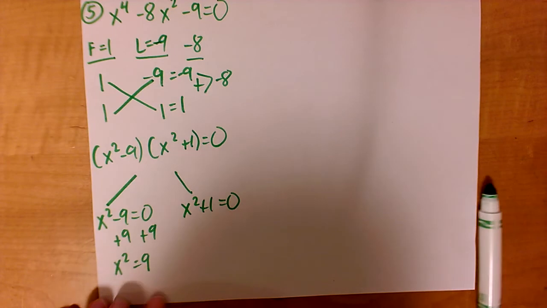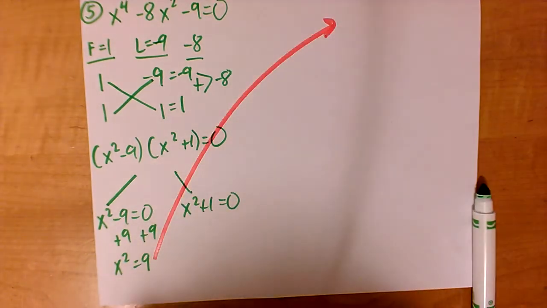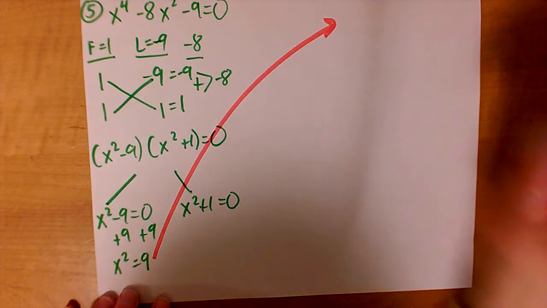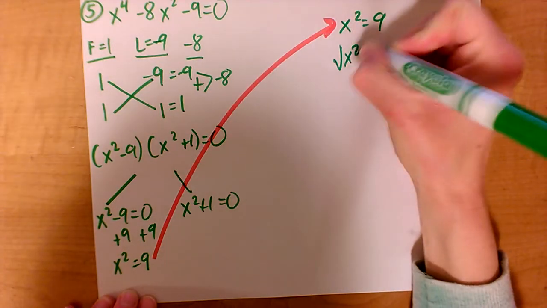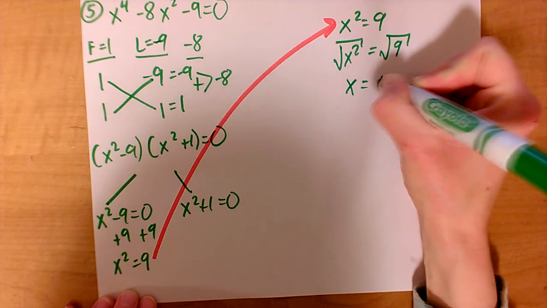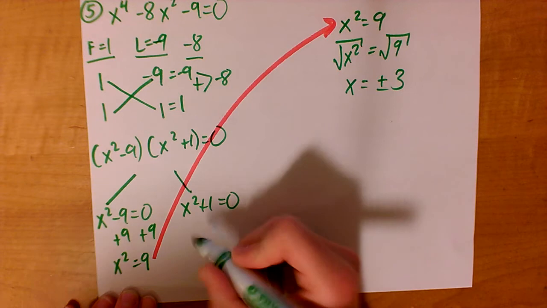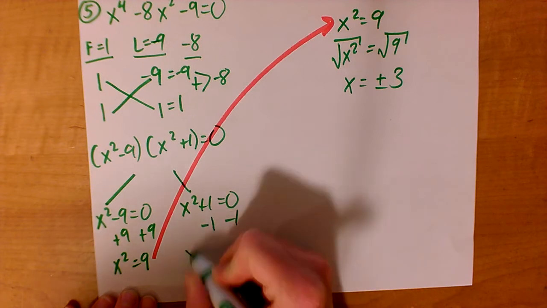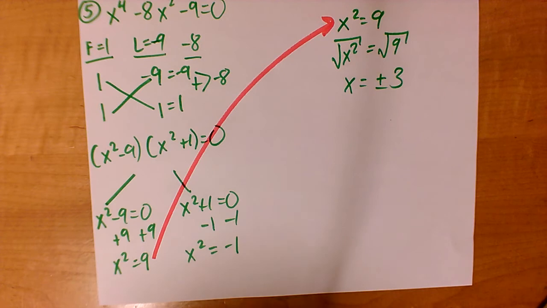And then if I go ahead and kick this up here, so x squared equals 9, and I take the square root of both sides, and x is plus or minus 3. On the other side, I can subtract 1, x squared is negative 1.